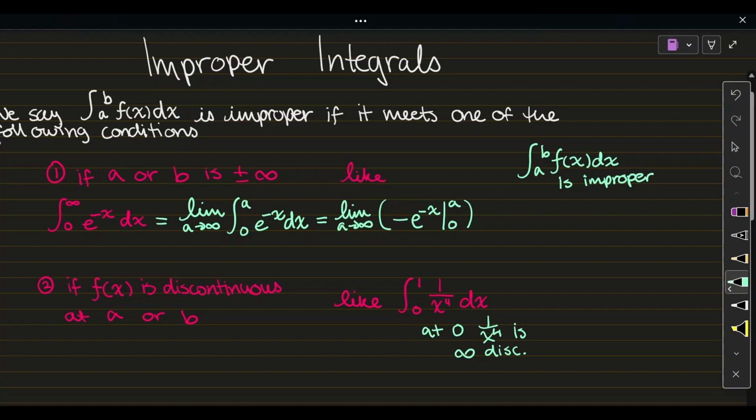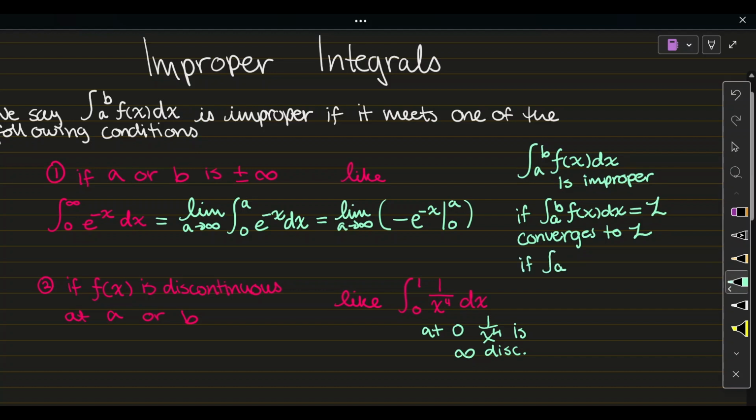if this value equals a finite number, like 1 or 2 or pi or whatever, we say that it converges to L. We say that it converges to whatever finite value it has.